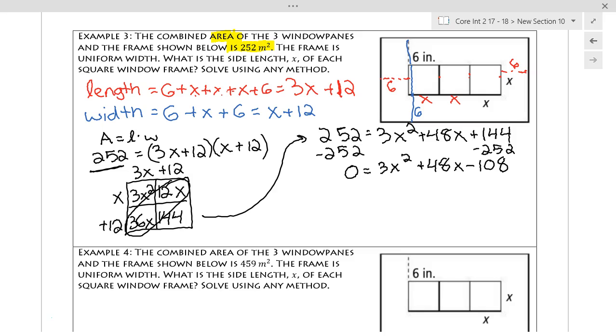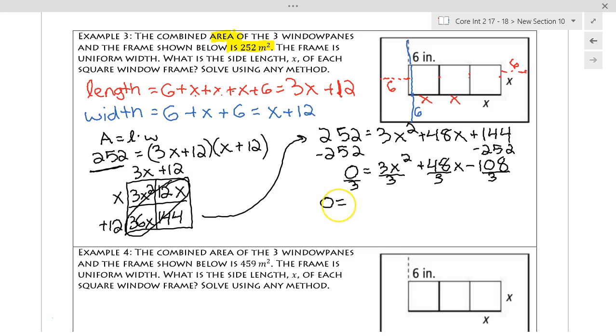Now, the next thing I want to look at when I'm factoring is I want to see if I have a greatest common factor. I have this 3 in front, so I'm going to try and divide everything by 3. It will make my problem a lot easier.